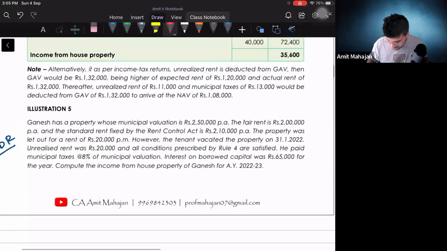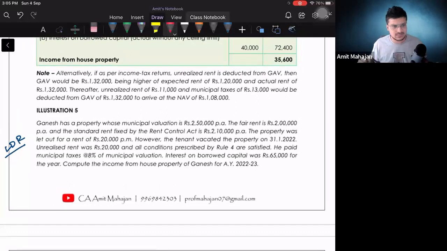Okay. So from the question bank, we are going to solve some questions. Illustration 5. Ganesh has a property whose municipal valuation is 2,50,000. Fair rent is something. Standard rent is something. Okay, I got the MFS, so we can compute the expected rent. The property was let out for a rent of 20,000 per month. Perfect, I can compute the actual rent also. However, the tenant vacated the property on 31 January 2022.